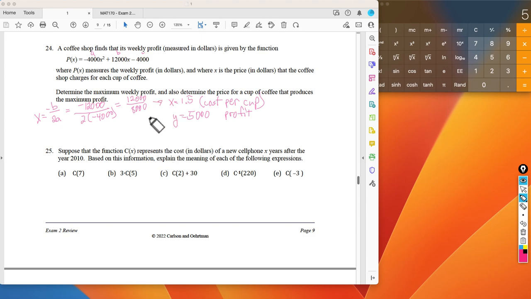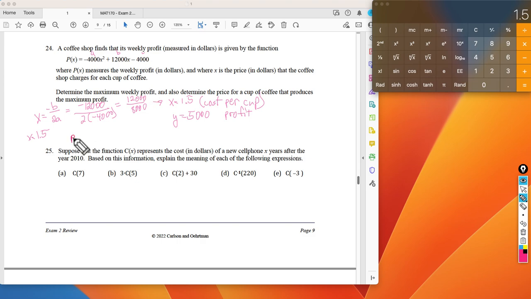Same answer. Then what you need to do is take that x value of x equals 1.5. And again, maybe you say, really? 12 over 8 is 1.5, or 12,000 divided by 8,000 is 1.5. There we go. Then you take that 1.5 and plug it back into this.